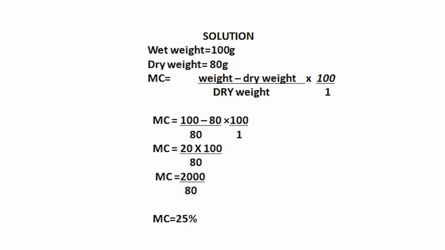Then we have 20 multiplied by 100. That will give us 2,000 over 80. And finally, we have our answer as 25%. That was very good of you. Now, I want you to try your hands on more examples of this calculation.